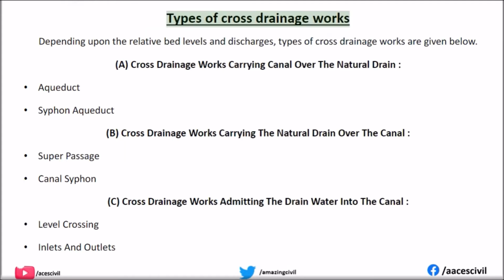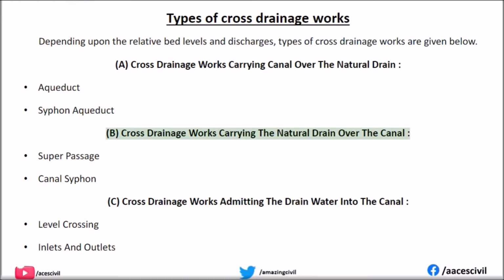Types of cross-drainage works. Depending upon the relative bed levels and discharges, types of cross-drainage works are given below. A. Cross-drainage works carrying canal over the natural drain: aqueduct, siphon aqueduct.